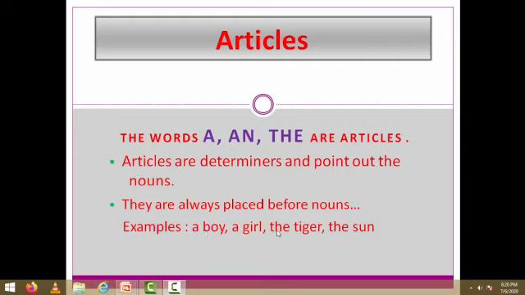Have you understood this? So articles are placed before the nouns. Articles are determiners and point out the nouns. What is the job of these articles? Determining the noun and pointing out the nouns. And where are they placed? Just before the nouns.